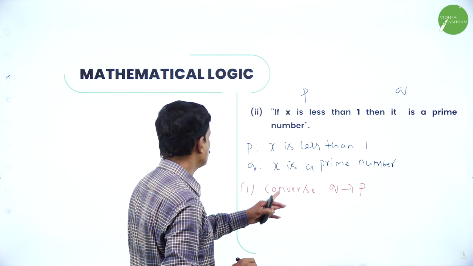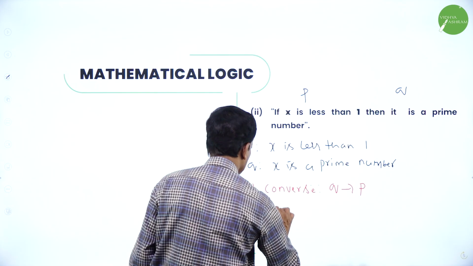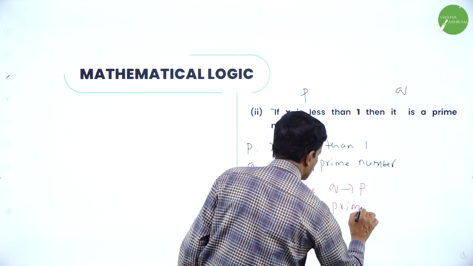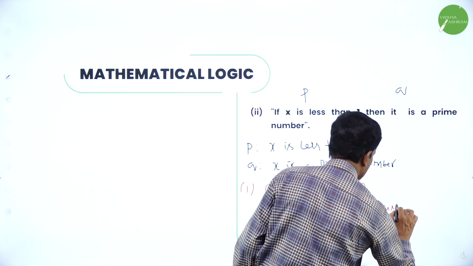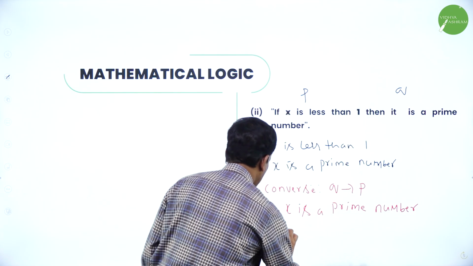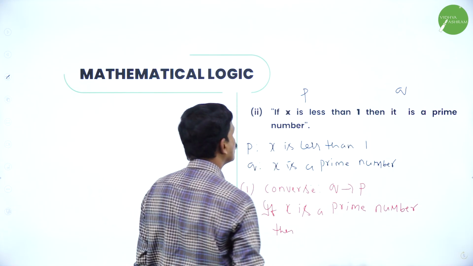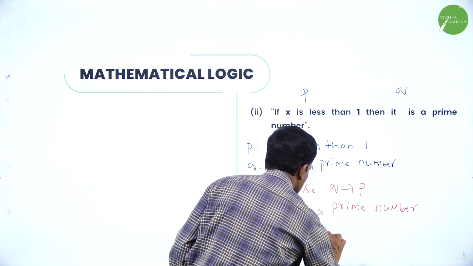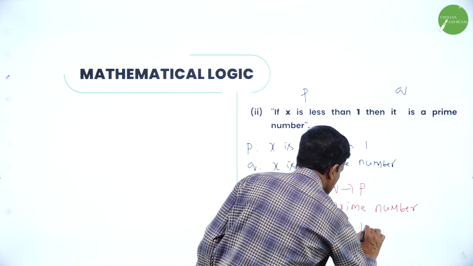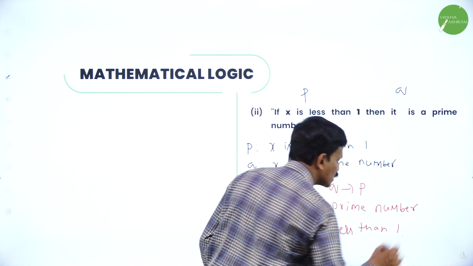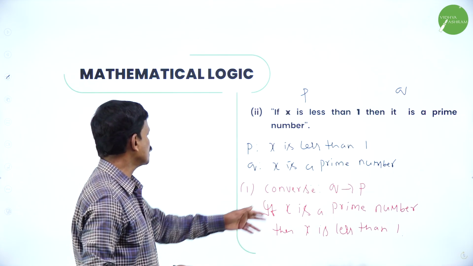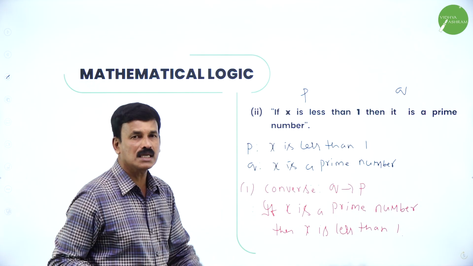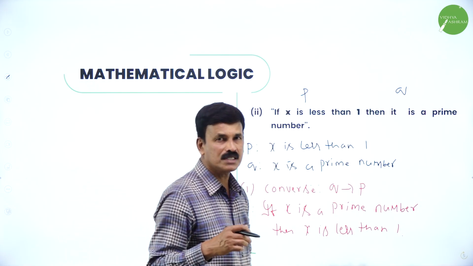Q conditional to P means, if x is a prime number, then x is less than 1. That's it. So this is the converse. That is, if x is a prime number, then x is less than 1. The converse of the given statement.